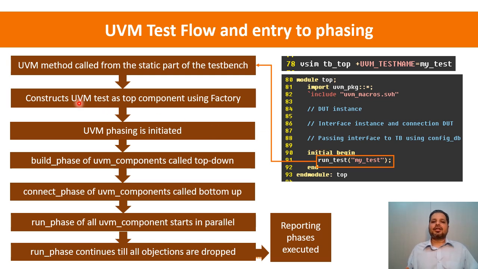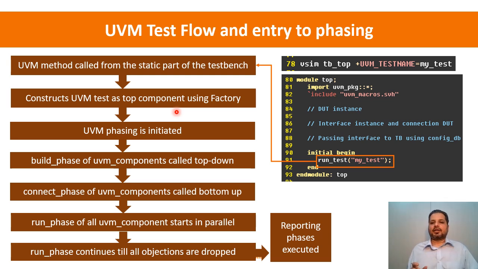And before doing that, what the UVM does is it constructs the top, right? It constructs the top of UVM, which is also called UVM root, and it also creates a UVM test top. Okay, these are two different things. UVM root is created in the handle called uvm_top, and it also creates another handle and object called uvm_test_top.